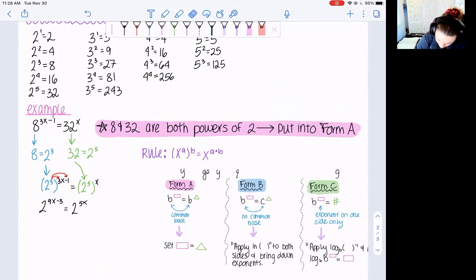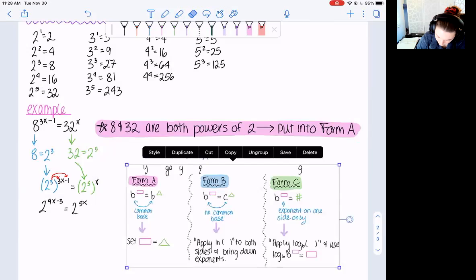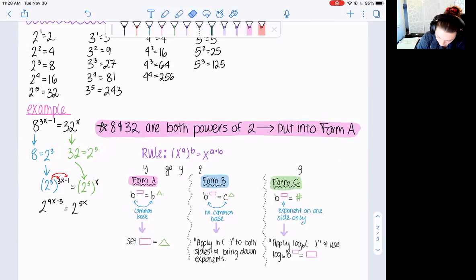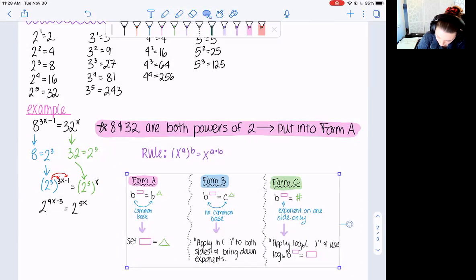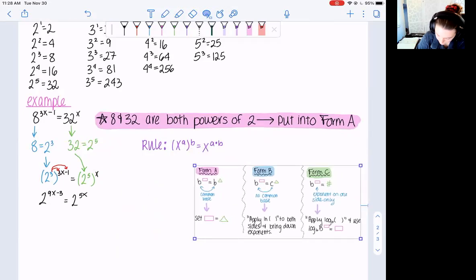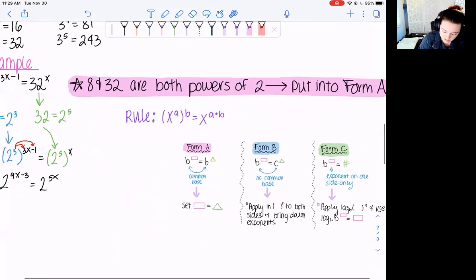Ungroup, erase all the extra stuff that got duplicated. Regroup. Cool. There we go.